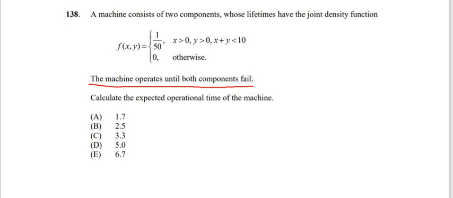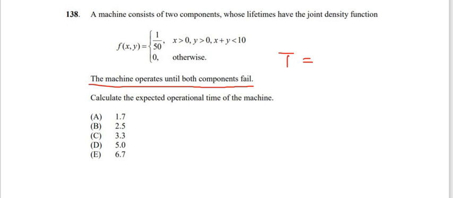So we let T be the time the machine can operate. So T is determined only when both components fail. So the last one failed, then the machine stopped.